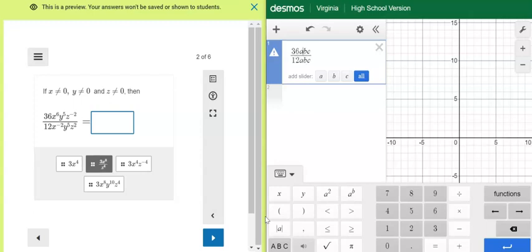So anyway, I have x to the 6th power, b to the 5th power, and then c to the negative 2. And then in the denominator, I have x to the negative 2, b to the 5th power, and then c to the 2nd power.